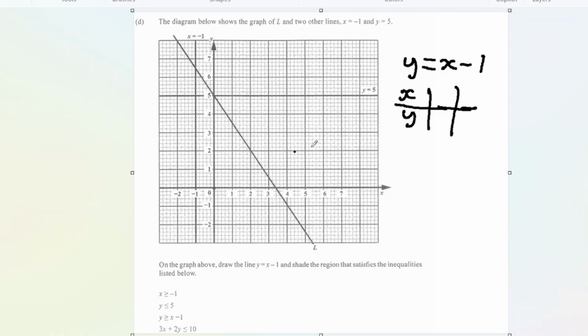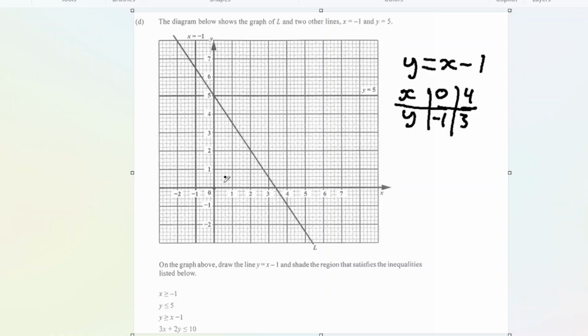We could choose x as 0, and then we choose x as 4. When x is 0, we substitute x as 0 here, so we get y is equal to -1. And when we substitute x as 4, 4 take away 1, we get y as 3. So we get a pair of points to plot.